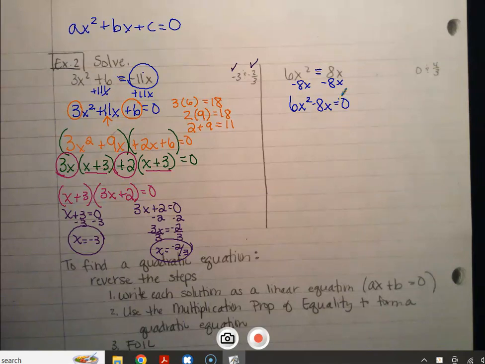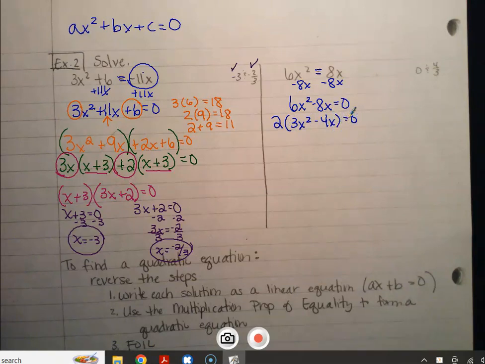So what do you see there? We can go ahead and factor everything out. 6 and 8, what do they have in common? A 2. So we'll take a 2 out, and then we have 3x squared minus 4x equals 0.